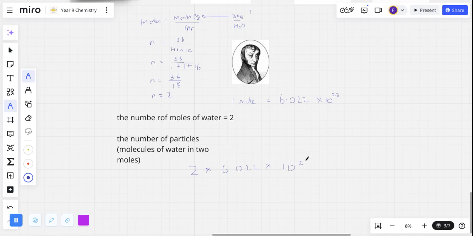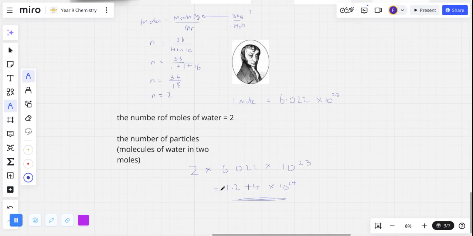And you should get an answer of something like 1.244 times 10 to the power of 24. But you don't try to do it in your head like me, you use a calculator. This is the total number of molecules in 36 grams of water.